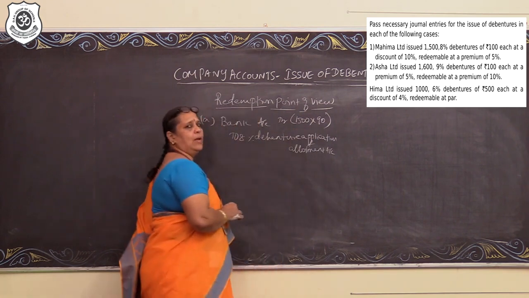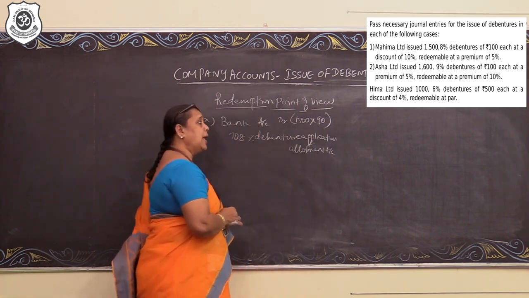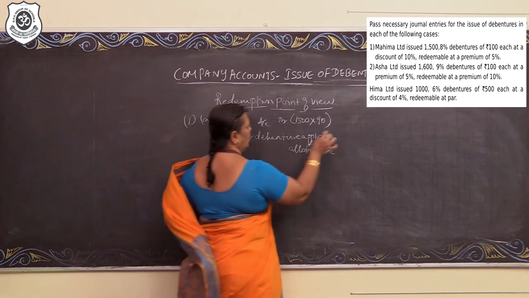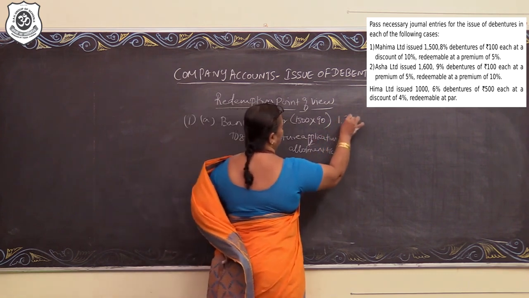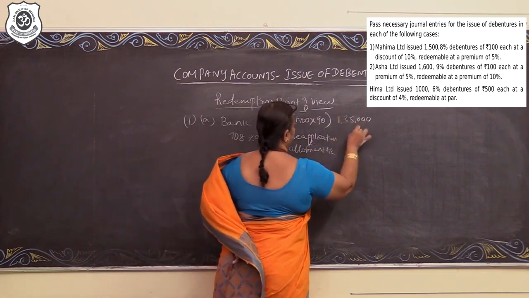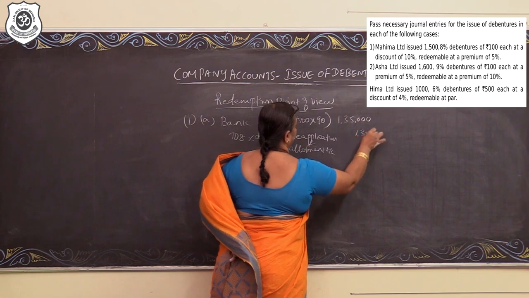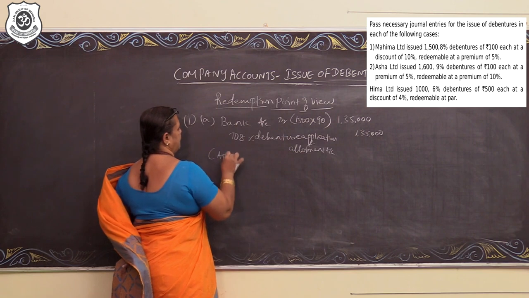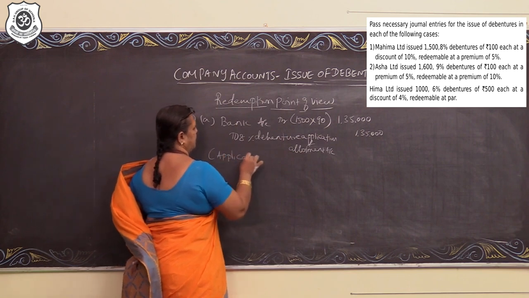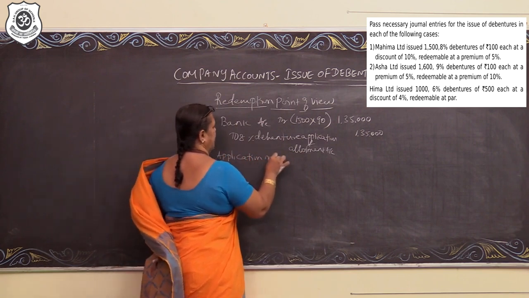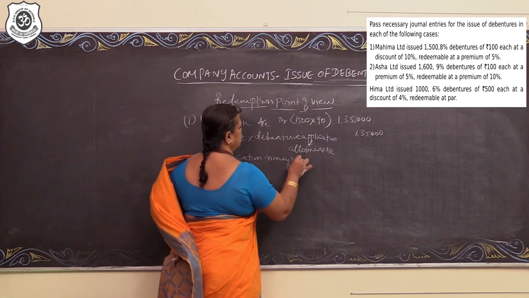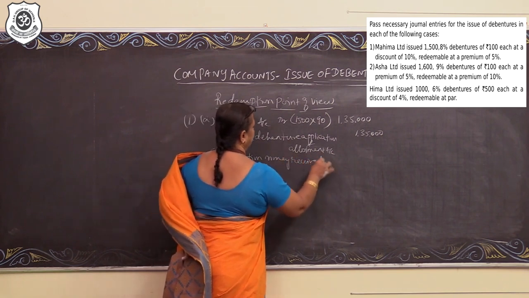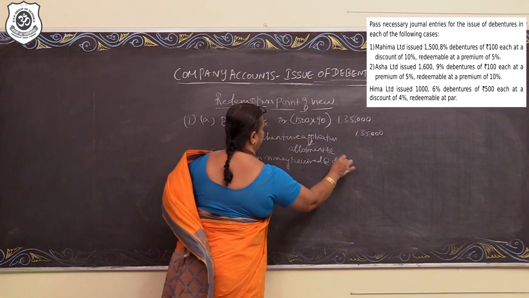So the nominal value of the debenture now becomes 90 rupees. So you will get 1,35,000. Application money received at a discount.